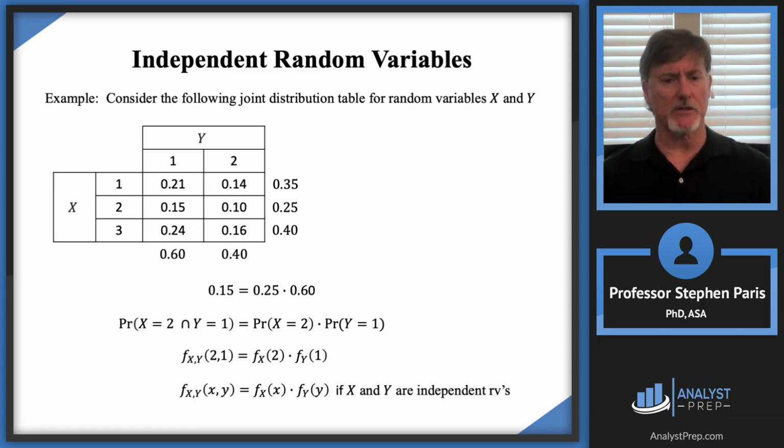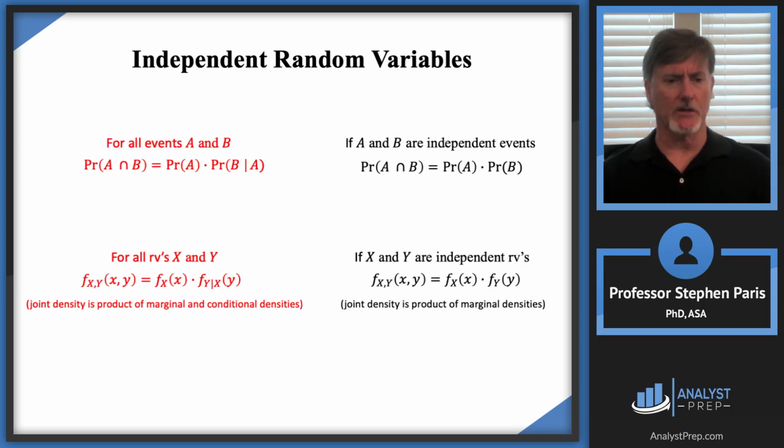Let me summarize with one last slide here, or two last slides. The top row of this slide is information from Module 1, and let's apply that information to what we've just learned in the multivariate random variable context, and in particular independent random variables.